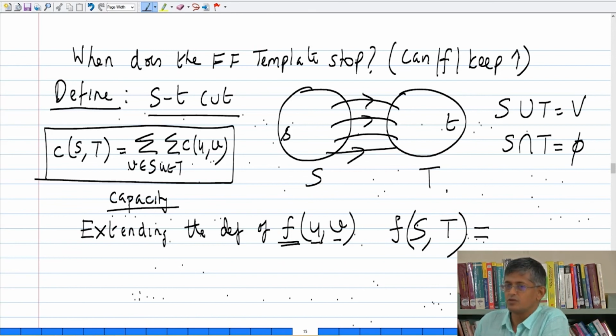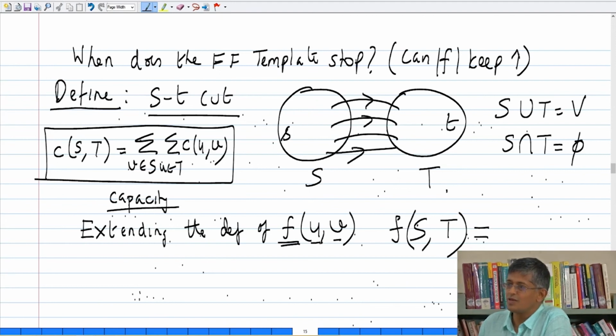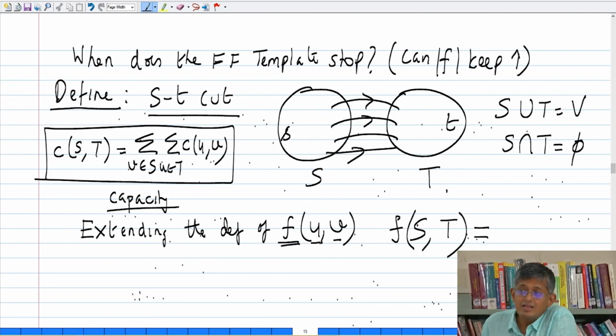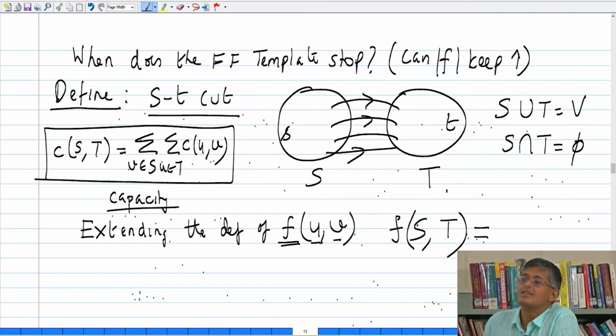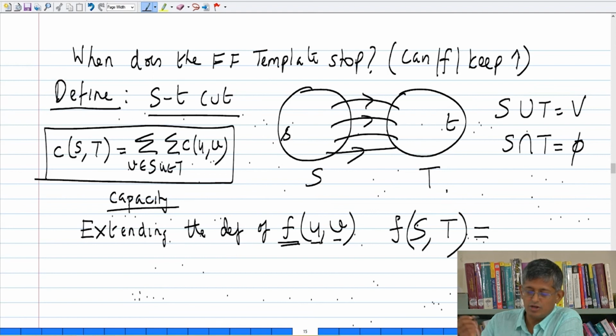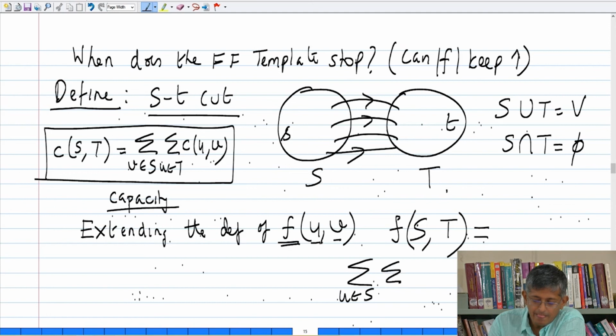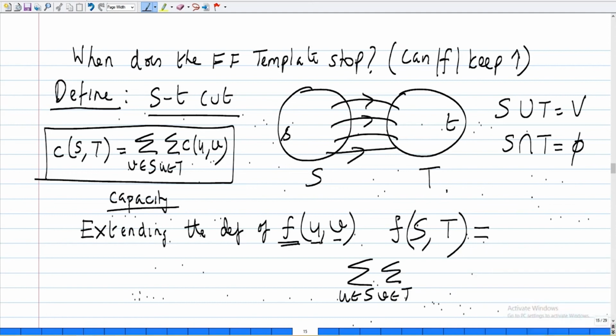Okay, it is a sum of the flows from S to T. Is that all? Very good. Exactly, what she says is right. So what you do is you define this as, remember that you want to define concepts which ensure that you don't overcount.